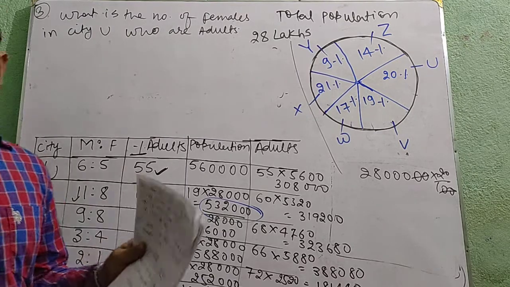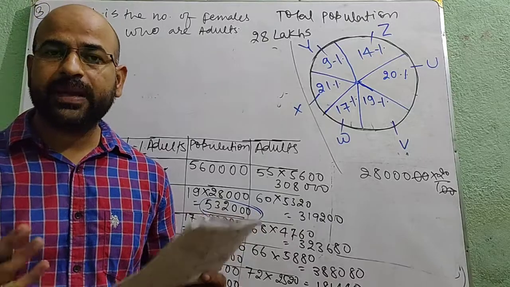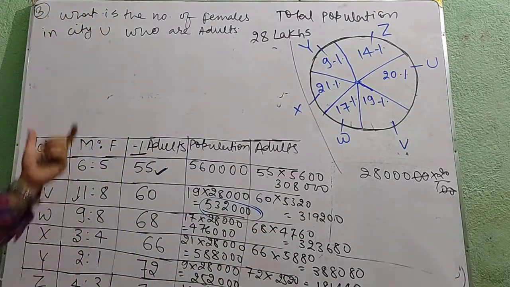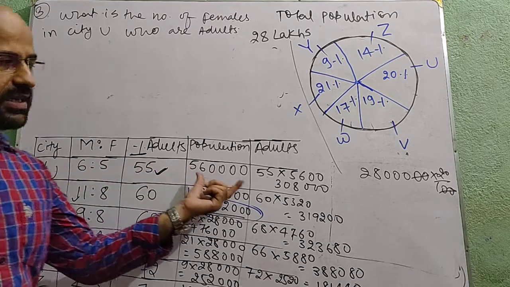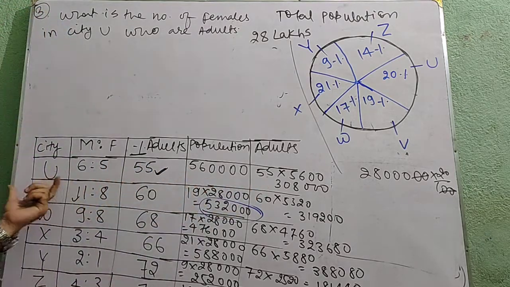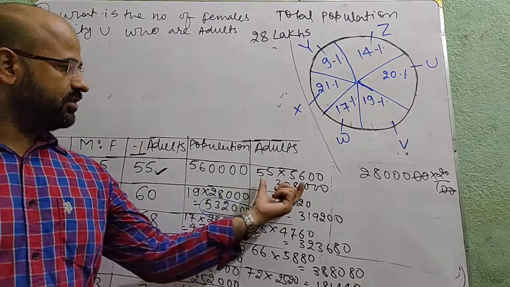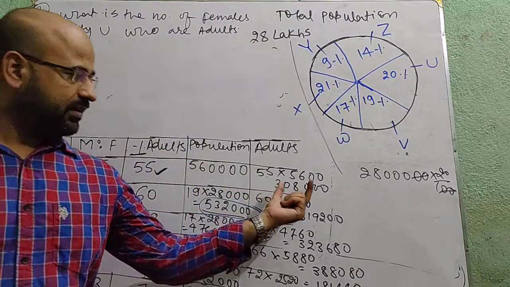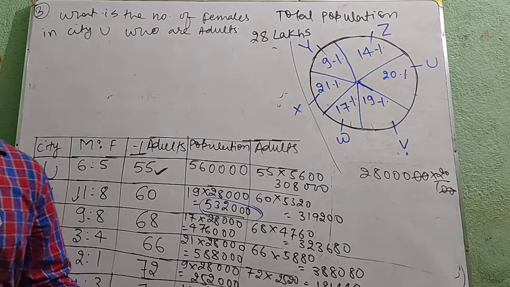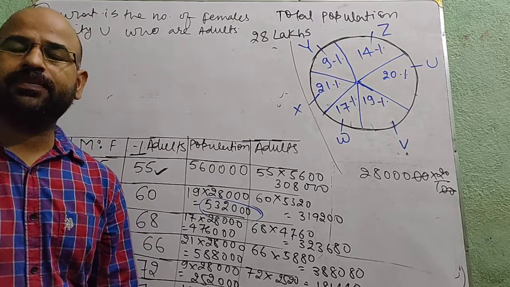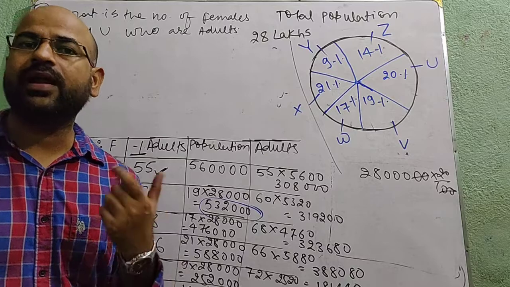Means female adult population. We can calculate the population of U, that is 5,60,000. We can calculate the adult population of U, that is 3,08,000.